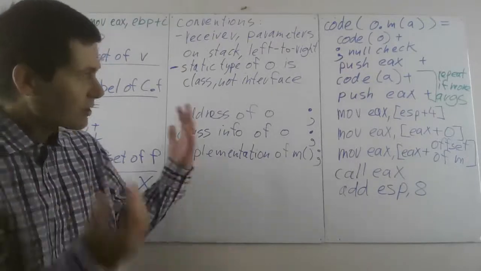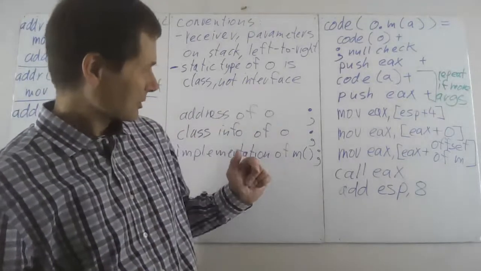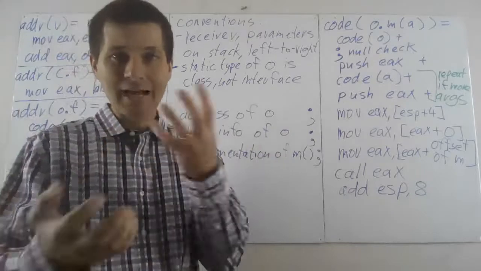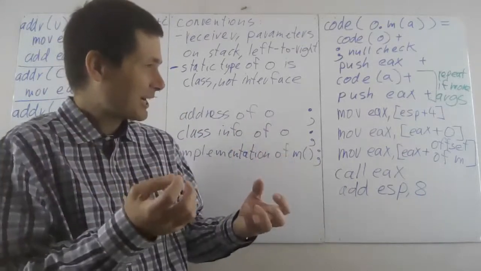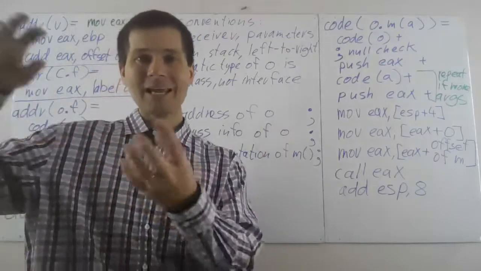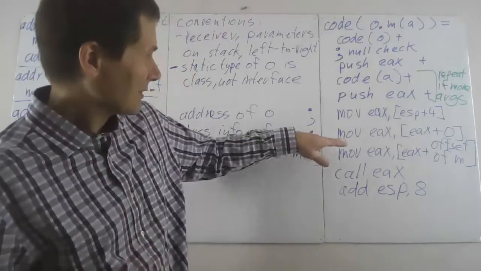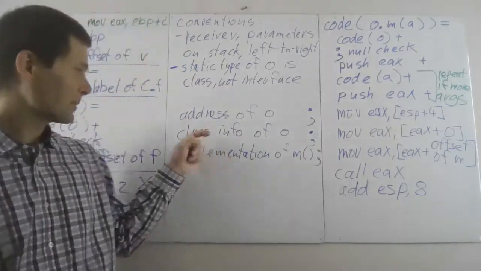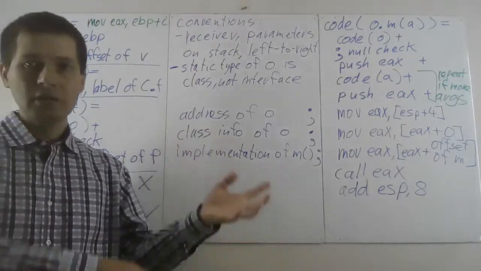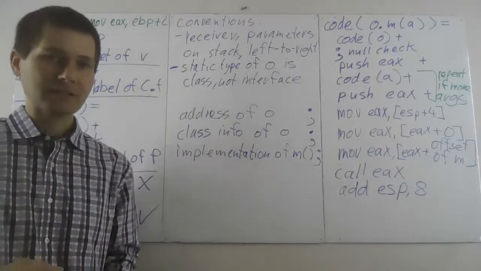In terms of how the code would actually look, depending on how you lay out your memory, if you did it the way that I hinted at and that I have in mind, you would have 1 extra move instruction here to go from the class information to the column of the selector index table.